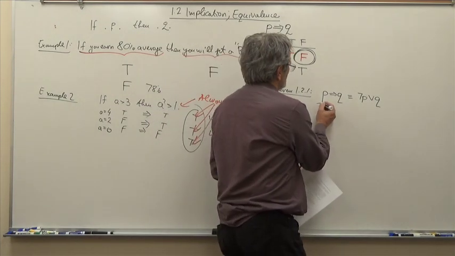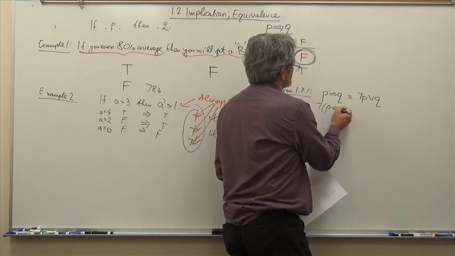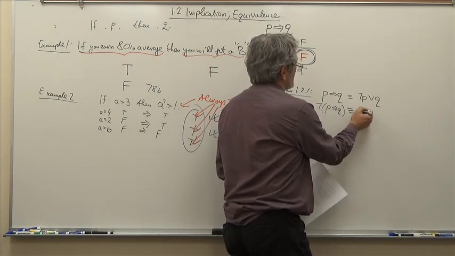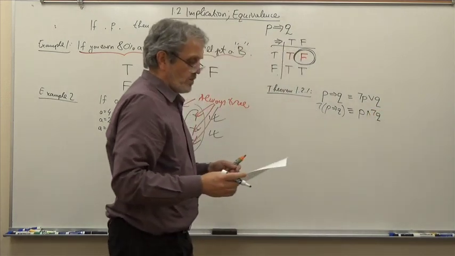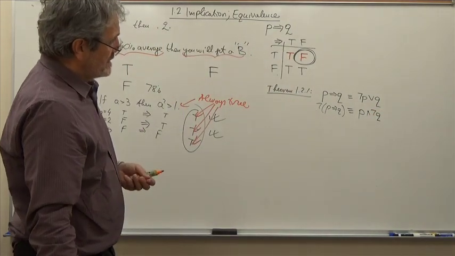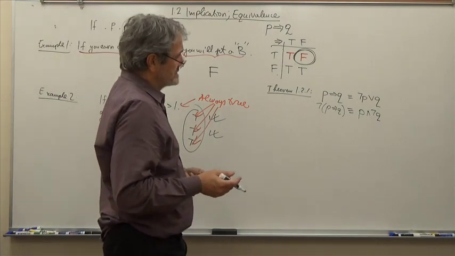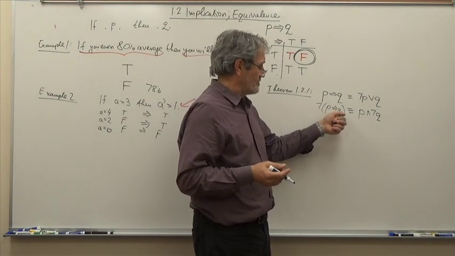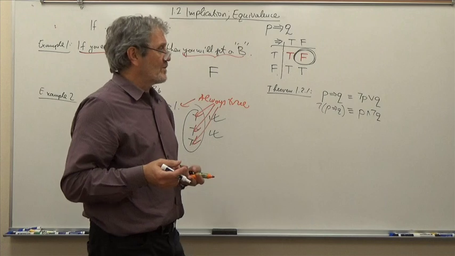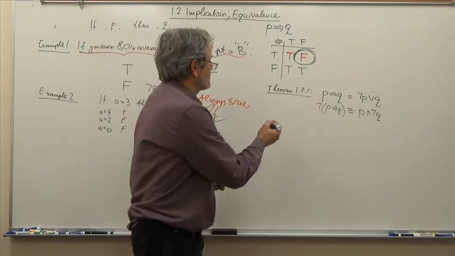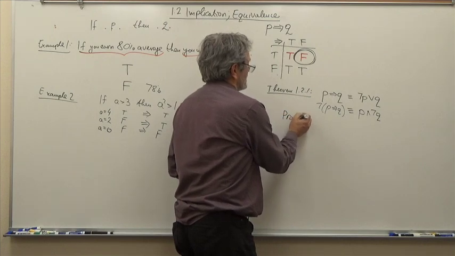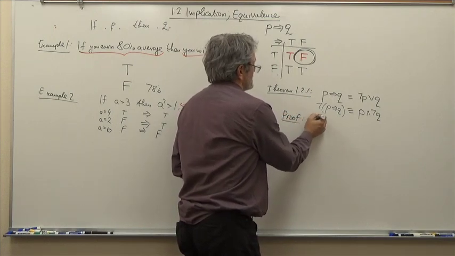And also, the negation of P implies Q is equivalent to P and not Q. How do you prove that? Just make a table. I'm not going to repeat that on the board, so make a table.